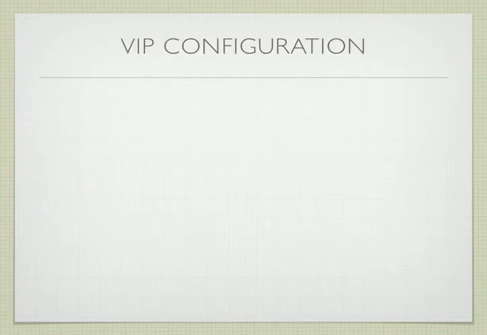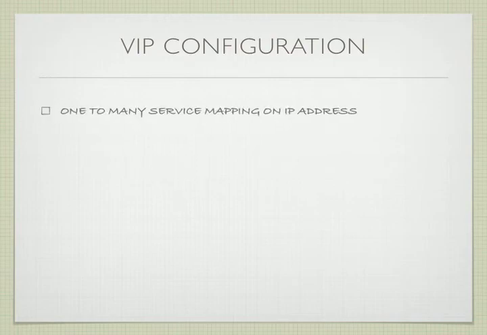In order to do the VIP configuration, this is a one-to-many configuration, so a single address can be forwarded out to multiple servers, but one port cannot be shared among different servers. So every port goes to a different server. You know, SSH, HTTP, HTTPS, etc. can all be sent to separate servers or the same server.